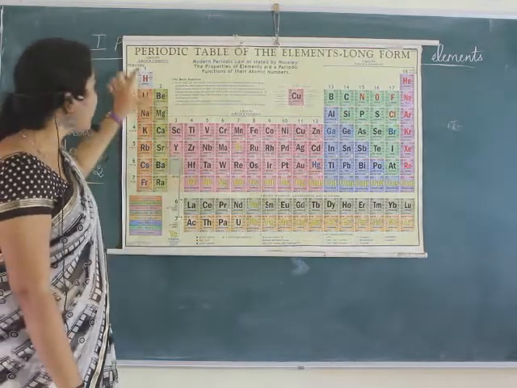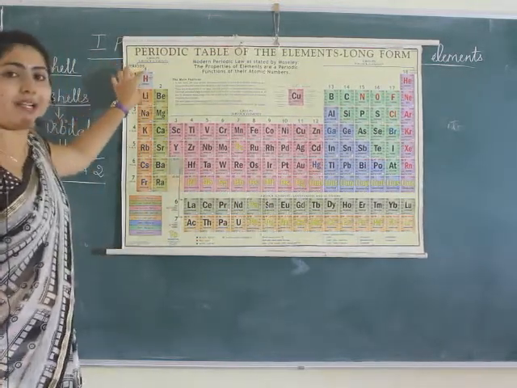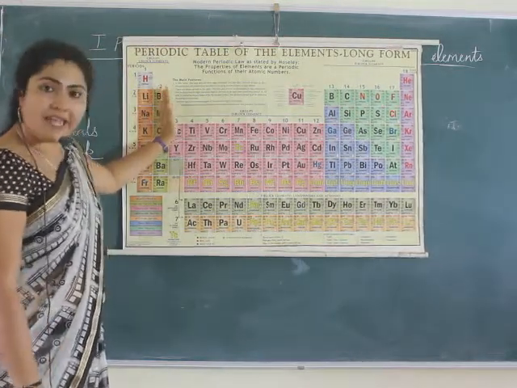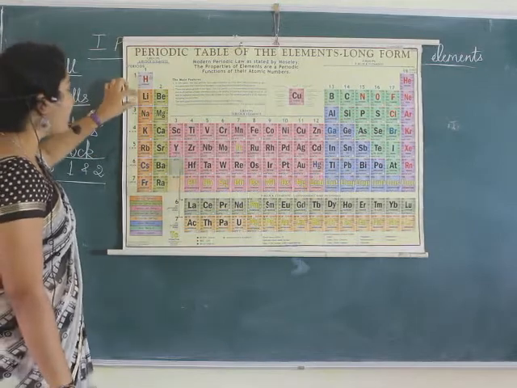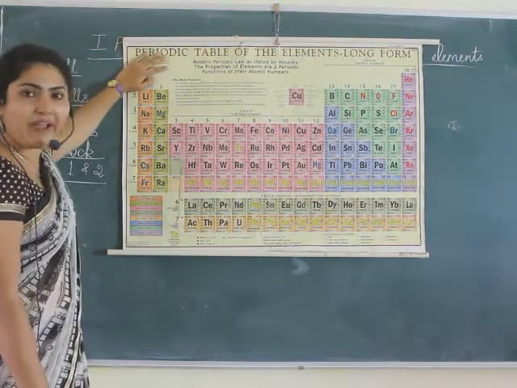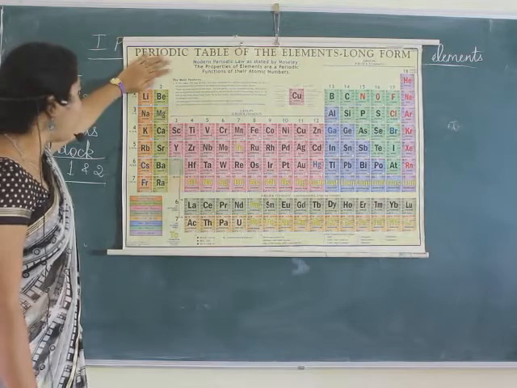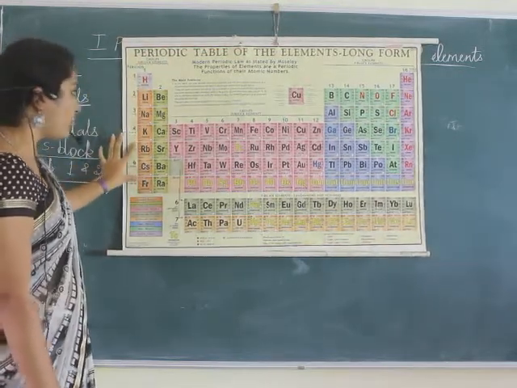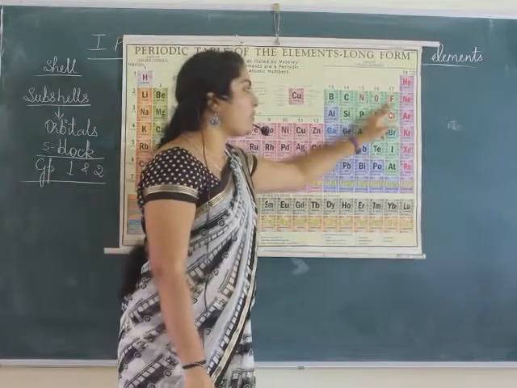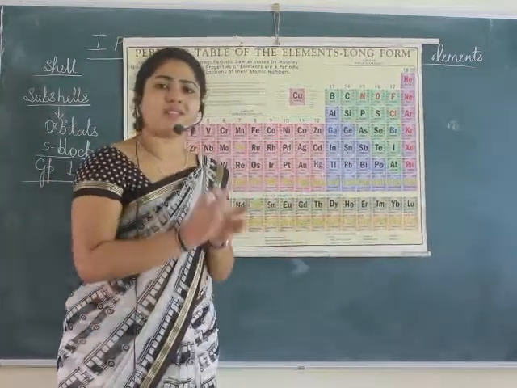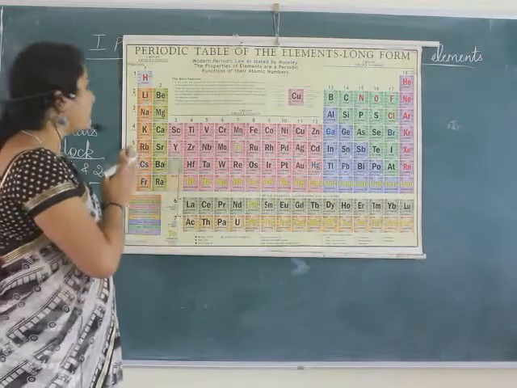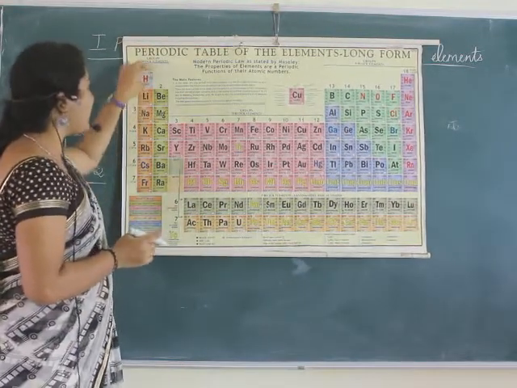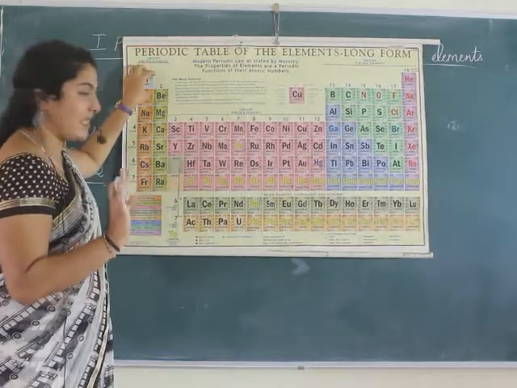Group 1 elements are also called alkali metals and group 2 metals are called alkaline earth metals. You can see hydrogen. However, the place of hydrogen is not decided, because it shows resemblance with group 1 as well as some common properties with group 17. Just for the sake of convenience, Moseley has placed it there.